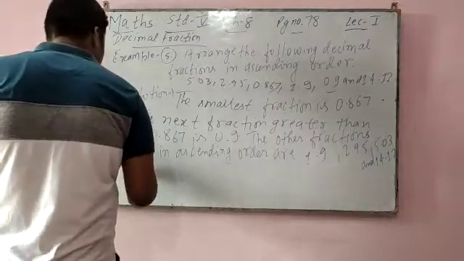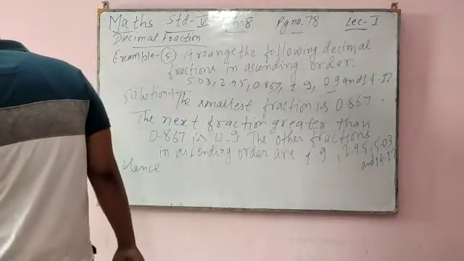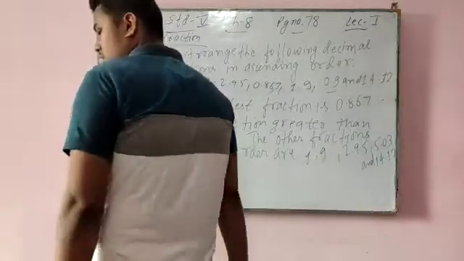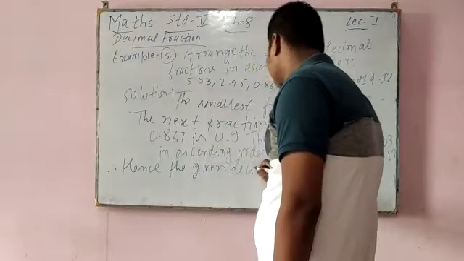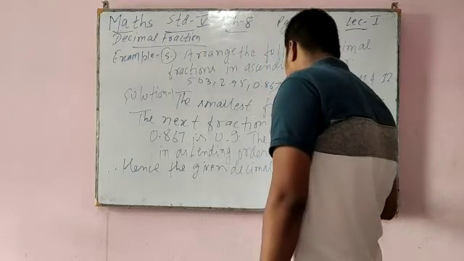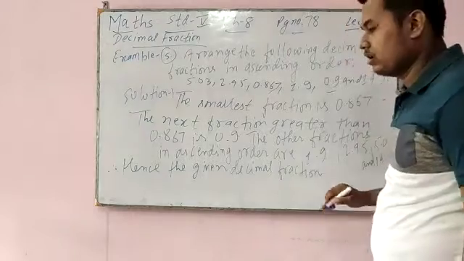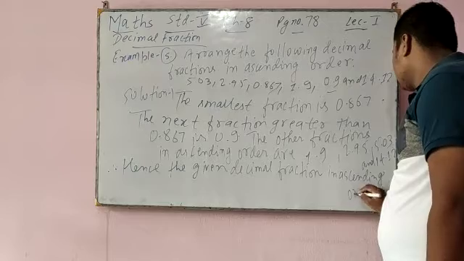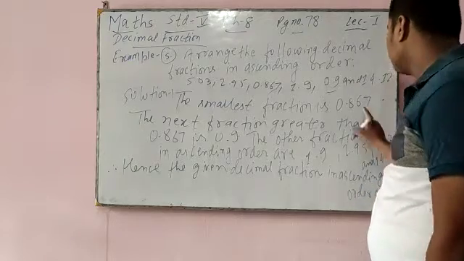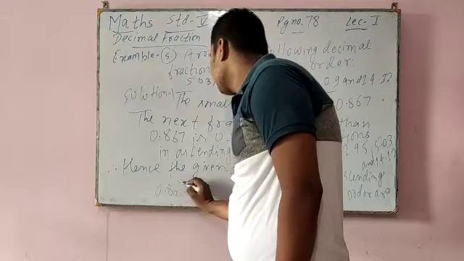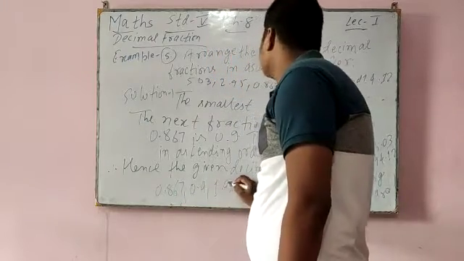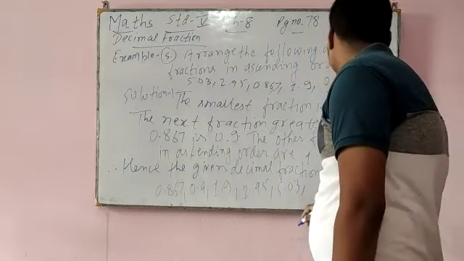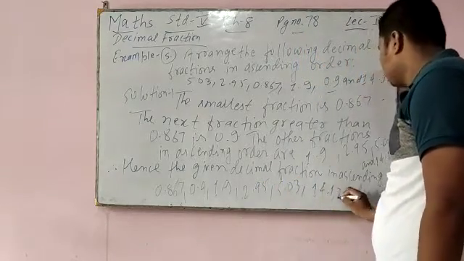Hence the given decimal fractions in ascending order are: first 0.867, then 0.9, then 1.9, then 2.95, then 5.03, then 14.12.